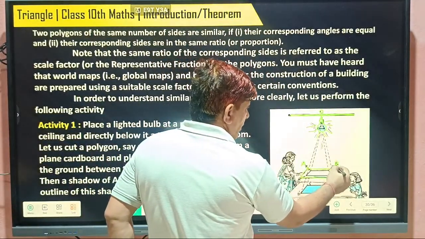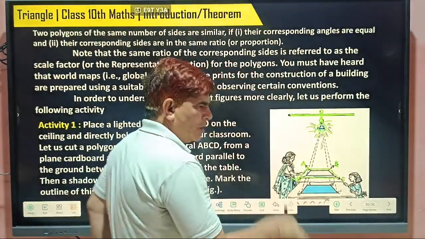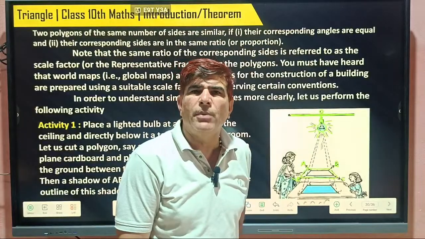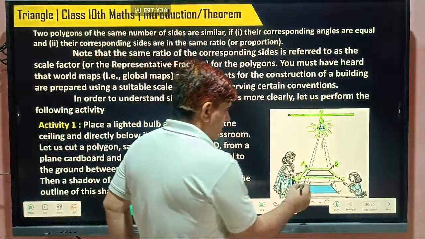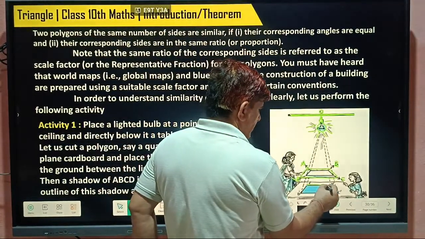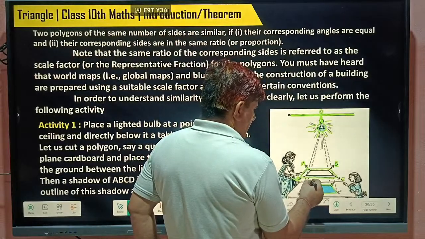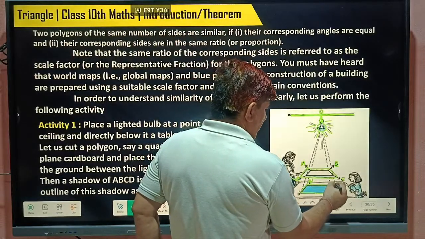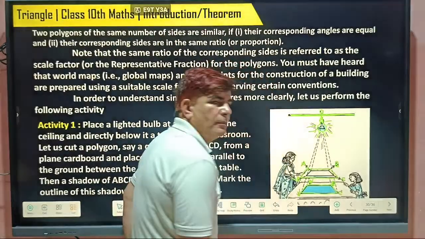A, B, C, D. Light falls on it and makes its image here. This is A dash, this is B dash, this is C dash, this is D dash.